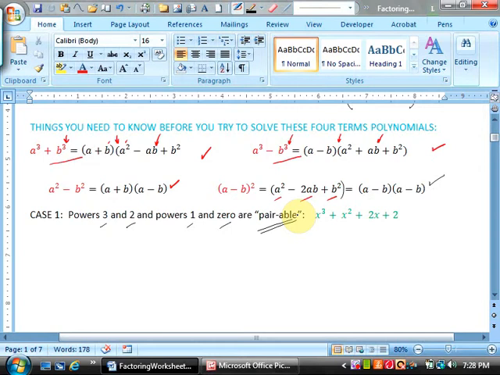So what catches your eye here should be the fact that we have x cubed plus x squared. So this pair is already in the right order, and these two here are also in the right order. If I try to factor this first pair, I can pull out x squared because that's the most they can give me.